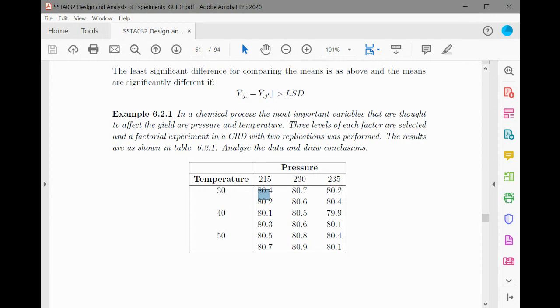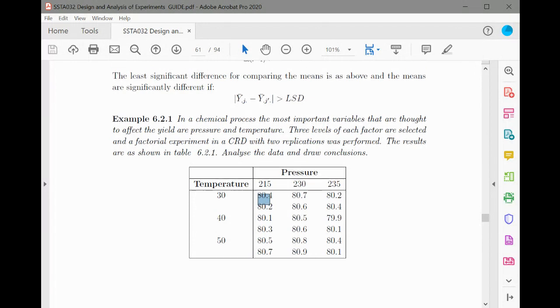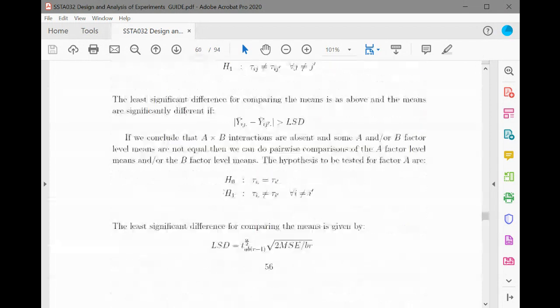So now, if we have to solve this problem, nothing much has changed. It's just that now we are moving away from saying SS T, T minus 1, B minus 1, S for blocks, T for treatments. No, we're not using that, because now we're dealing with factors. Our formulas will change.